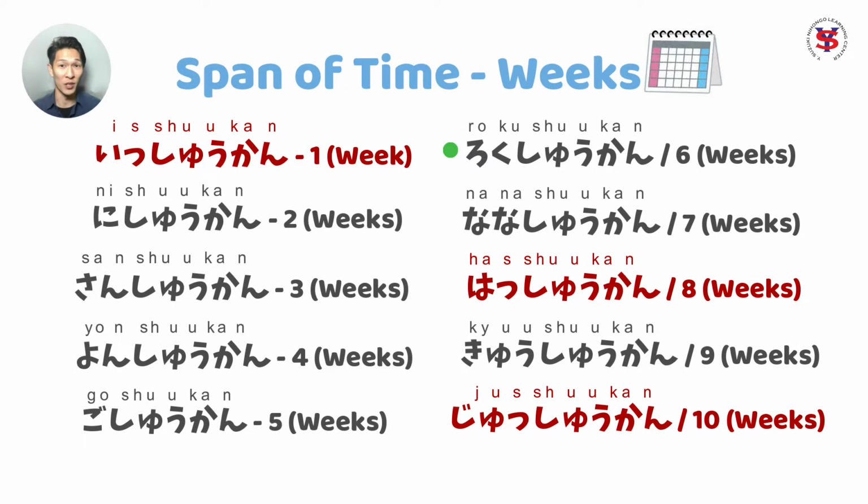So, wala nang abbreviation dito, no? Nanashukan for 7 weeks. Dito naman, yung abbreviation natin, wag natin kalimutan, for 8 weeks, it's hasshukan, not hachishukan, right? Alright, let's move on to 9 weeks. We have kyushukan. And then for the 10th week, we have jusshukan.